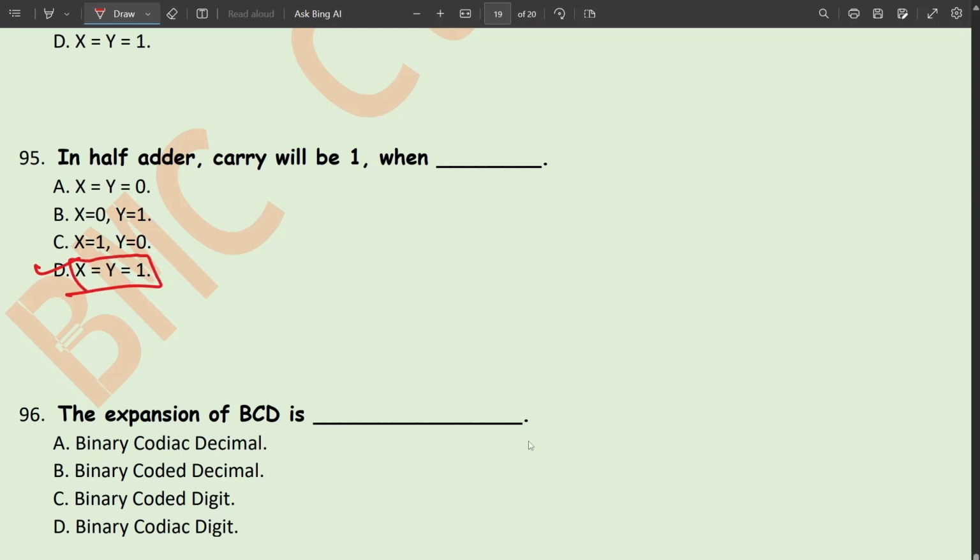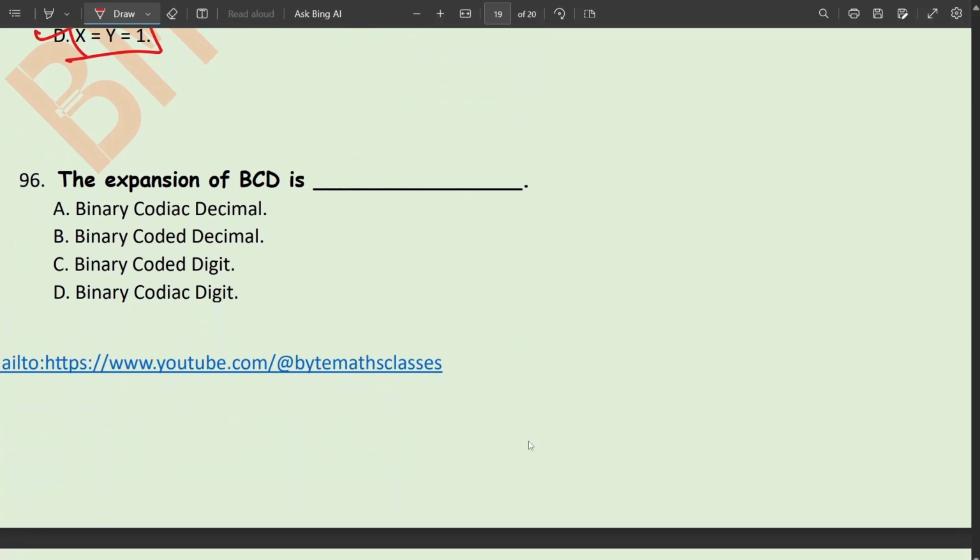Then the carry will be 1. Next, the expansion of BCD. Again, it is binary coded decimal. Option number B is correct. It is sure that this will come in BSc 4th sem.